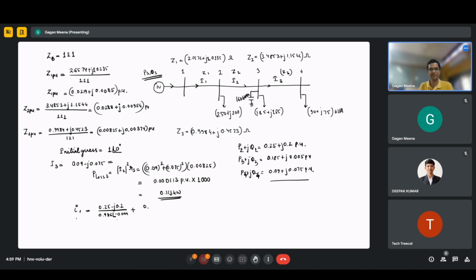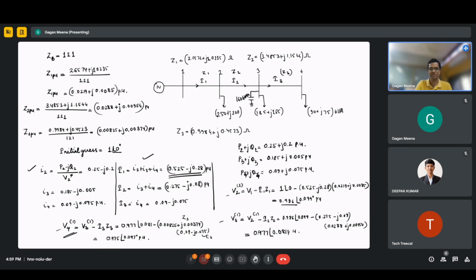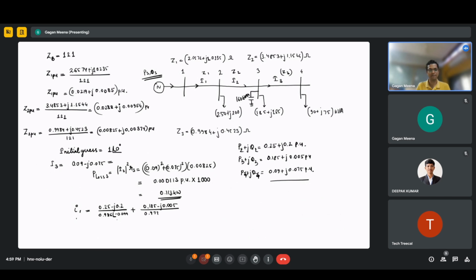So it is 0.005 divided by the voltage which we have calculated, V conjugate, 0.09 minus j0.075, 0.975. So calculate this. How much is this?